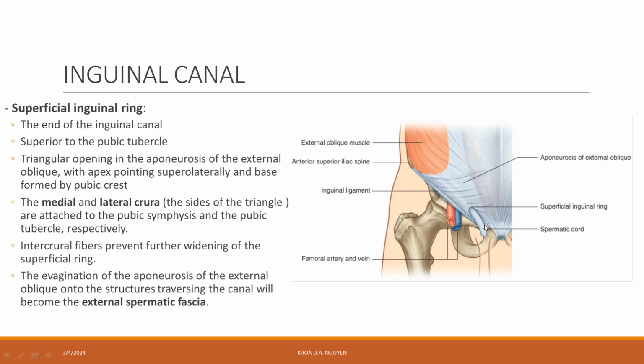Now, you will see that at the point where the external oblique connects to the pubic portion of the os coxa, there are going to be two parts of that connection.